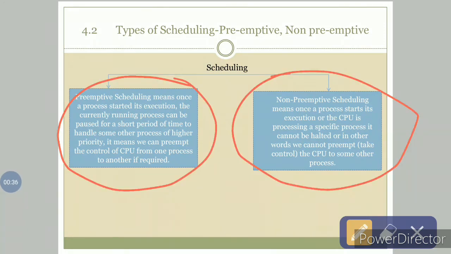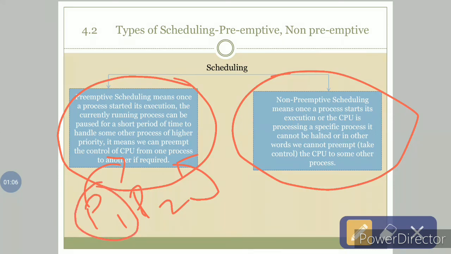In preemptive scheduling, preemptive means to halt the execution, and non-preemptive means not to halt the execution. For example, if we have process 1 and process 2, and process 1 enters into execution by the CPU, in between this execution, if P2 wants to enter and start its execution, then the system can allow P2 to execute even though P1 is not yet finished.